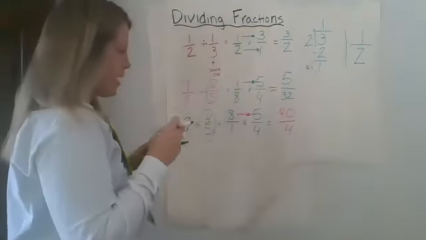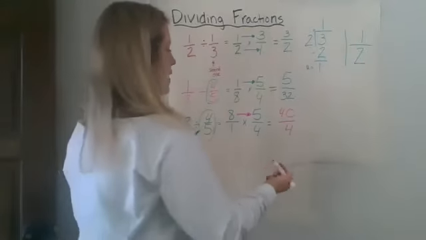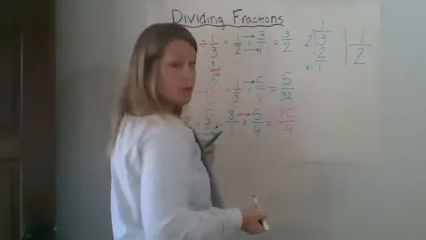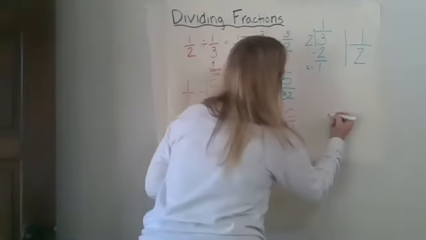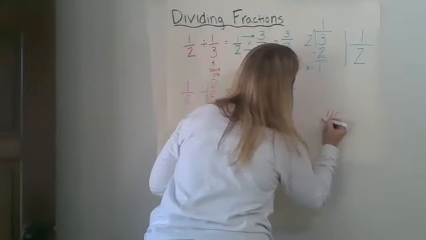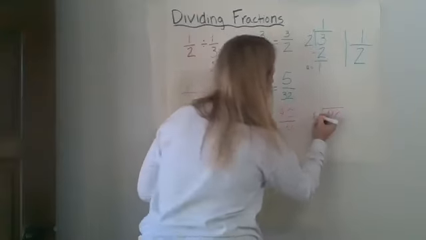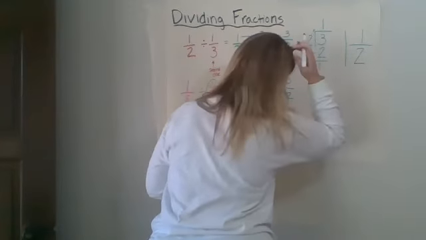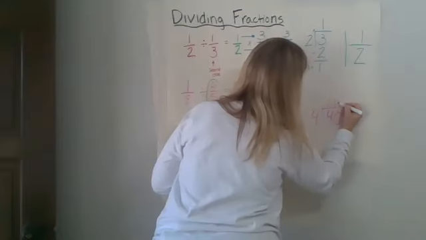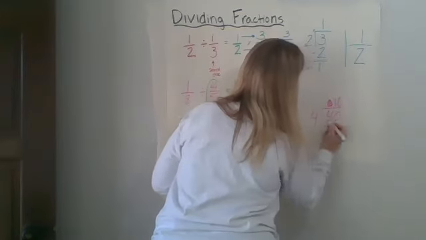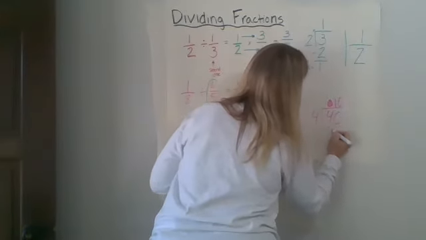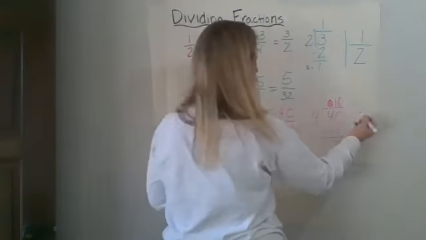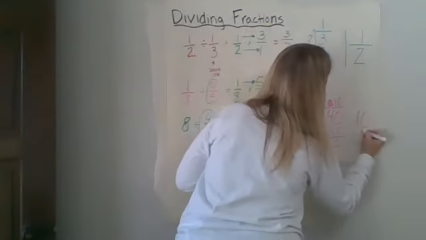And then I'm going to take that improper fraction and turn it into a mixed number by putting the numerator inside the house and dividing it by the denominator. 4 times 10 is 40. So 4 goes into 40 10 whole times.